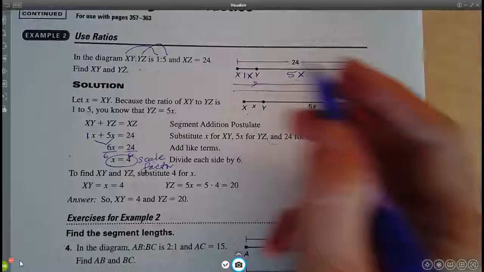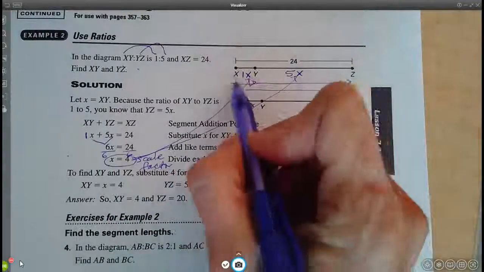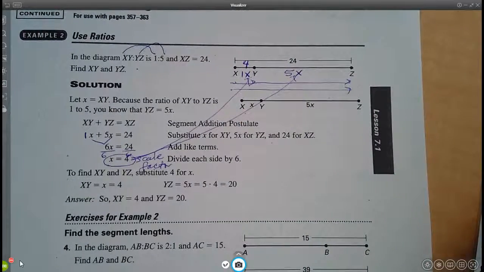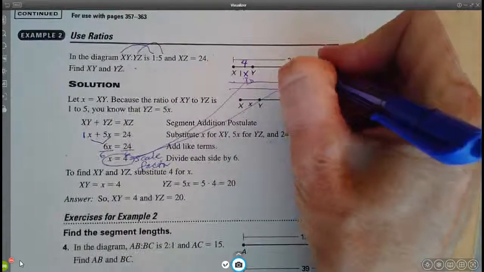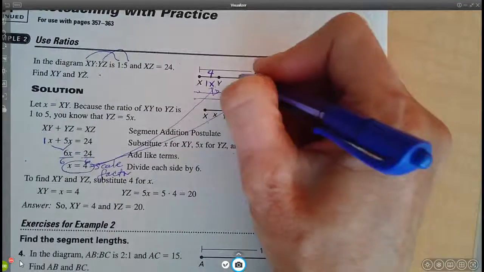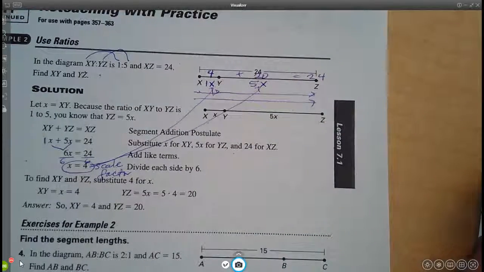Okay? x is equal to 4, which I can then substitute back in to say, well, 1 times 4, that's just 4. So segment xy has a length of 4. 5 times 4 is 20. I can check that. 4 plus 20 is indeed equal to 24, okay, which is what I expected.